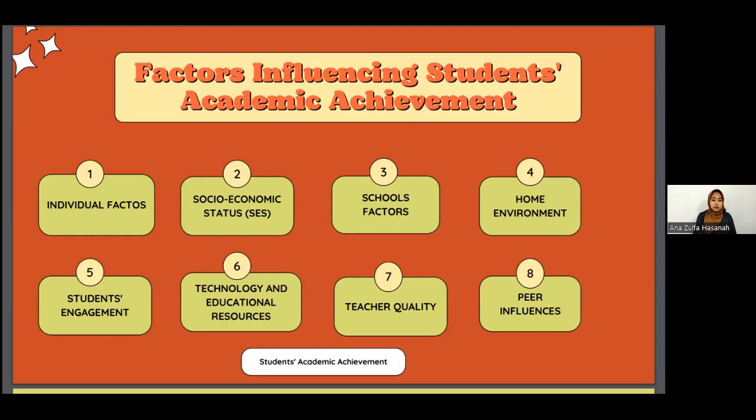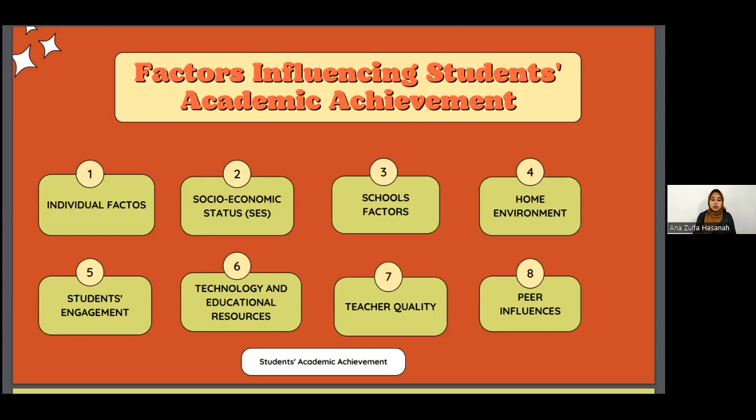And the school environment is also one of the big impacts, because collaborative effort among school administrators, teachers, students, and other stakeholders is needed to create a supportive and inclusive school environment that promotes students' academic success.